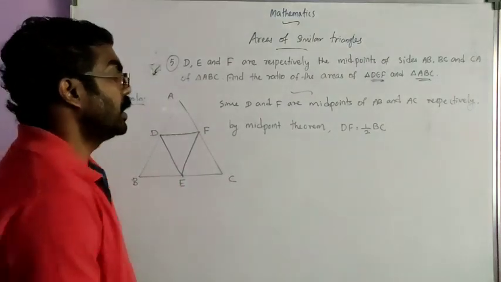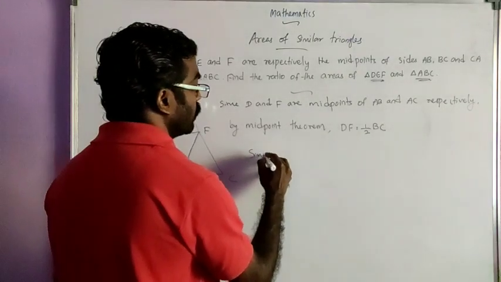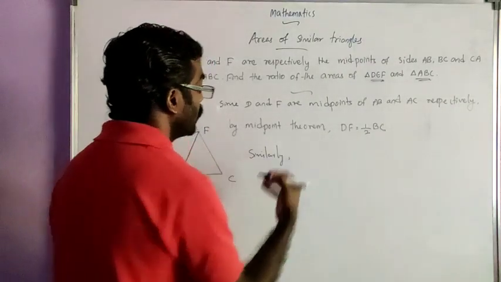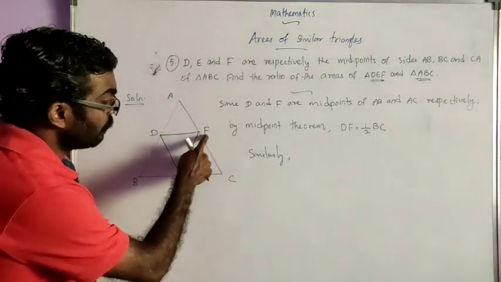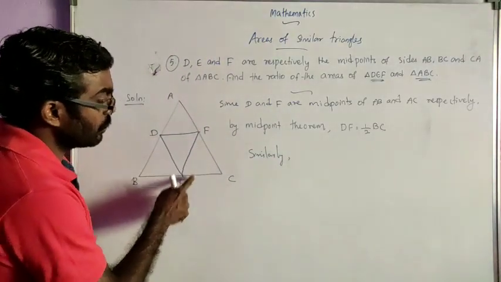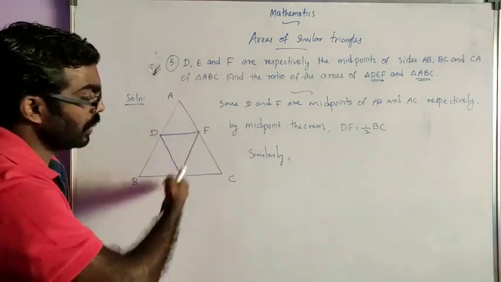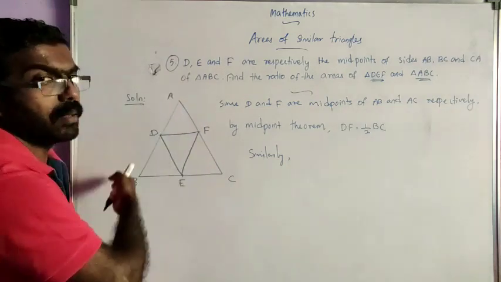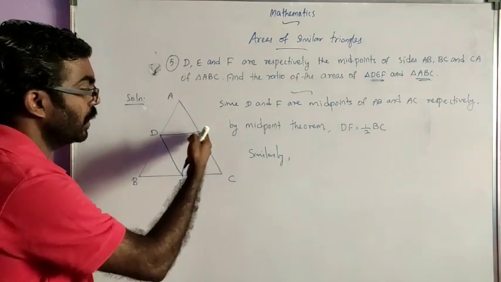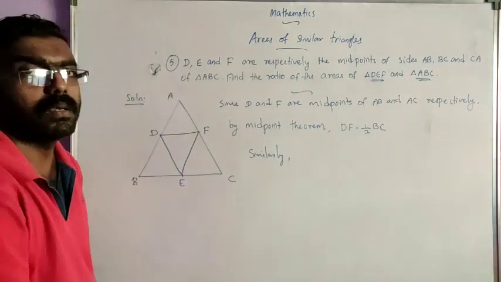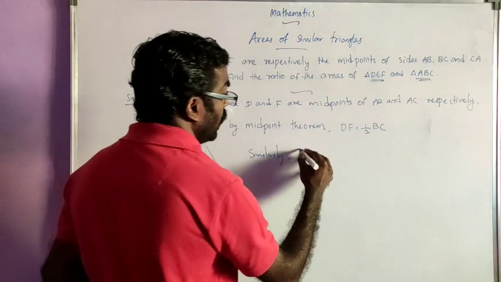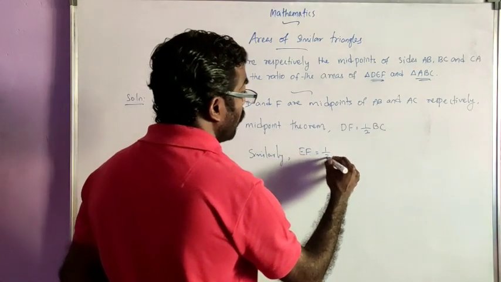Similarly, F and E are the midpoints of AC and BC. So this line EF is parallel to AB and the length of EF will be half AB. So EF is equal to half AB.